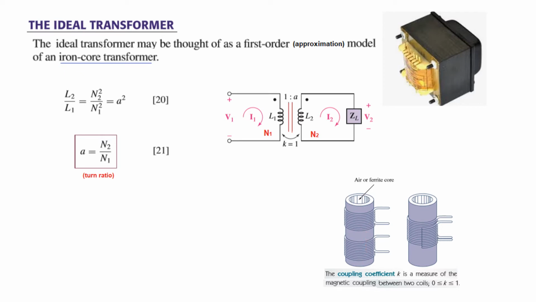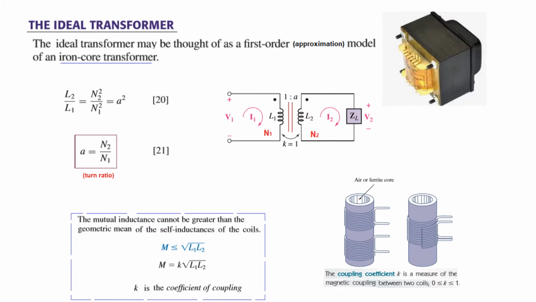So the constant K indicates how much they are coupling with each other, and its value could be from 0 to 1. So 0% coupling or 100% coupling. And since here K is equal to 1, that means there is perfect coupling, 100% coupling, or this is also called tight coupling.